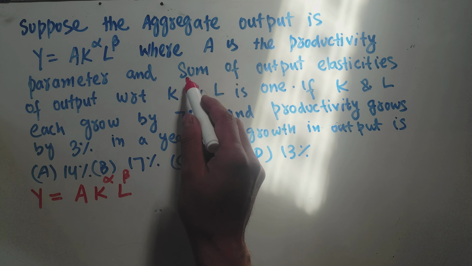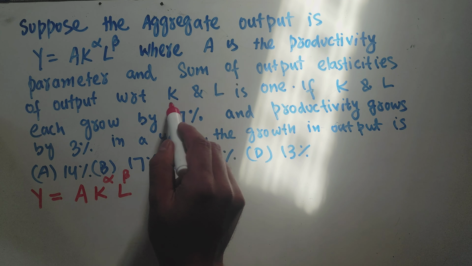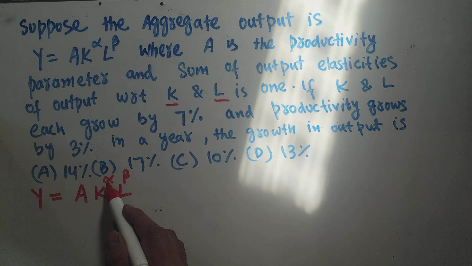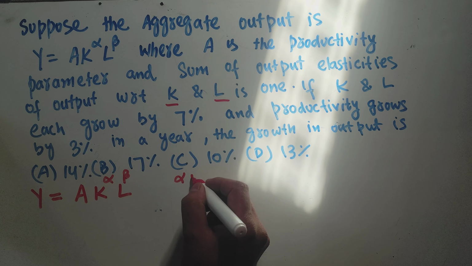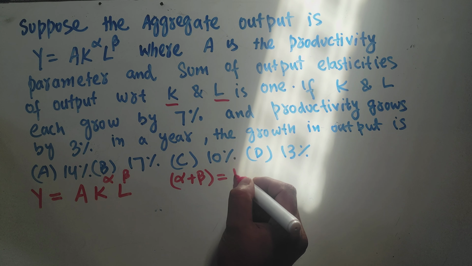We are also being told that the sum of output elasticities with respect to capital and labor is equal to 1. That is, alpha denotes the output elasticity of capital, beta denotes the output elasticity of labor, and the sum of these, that is alpha plus beta, sums up to 1.